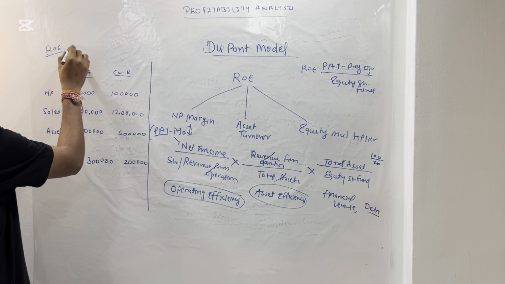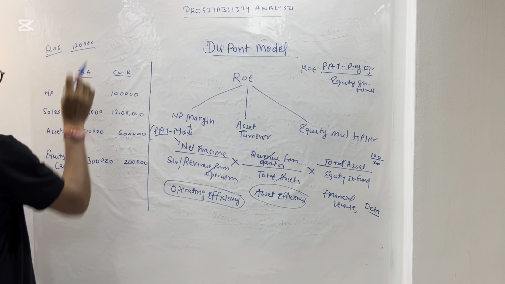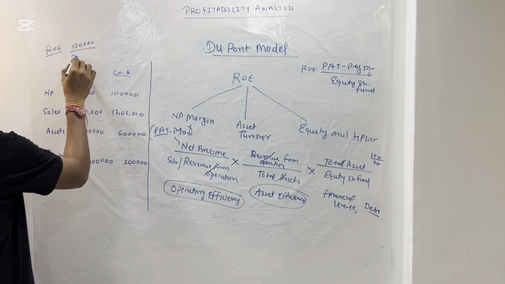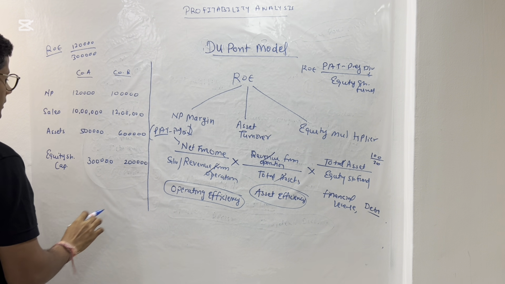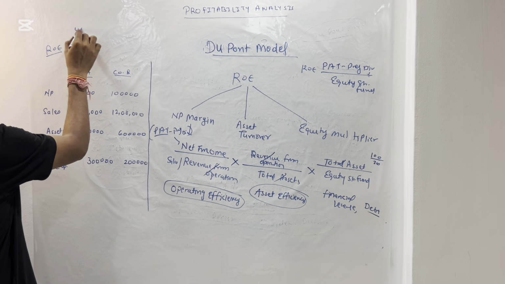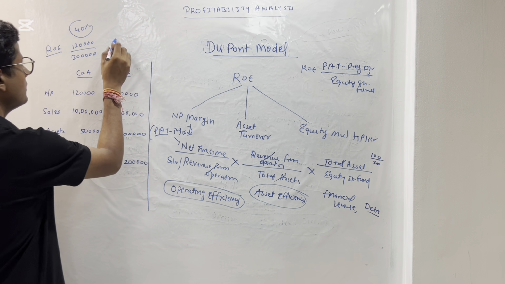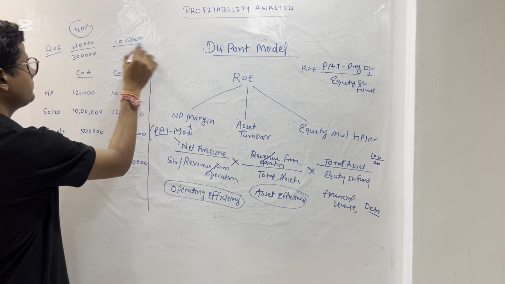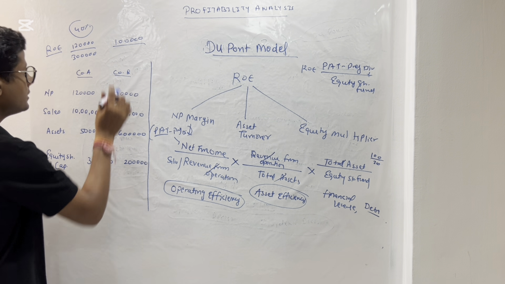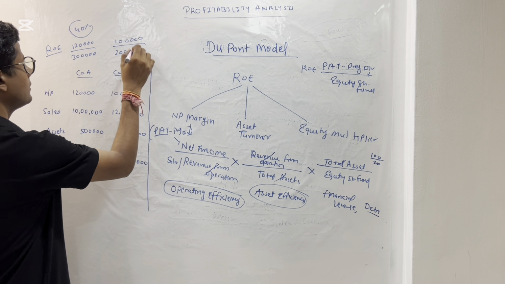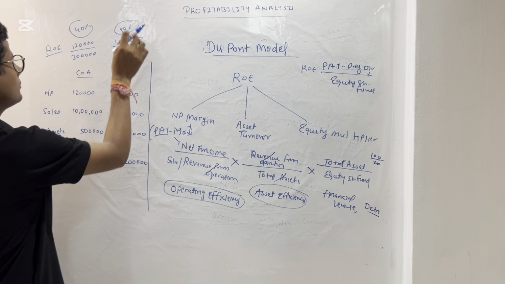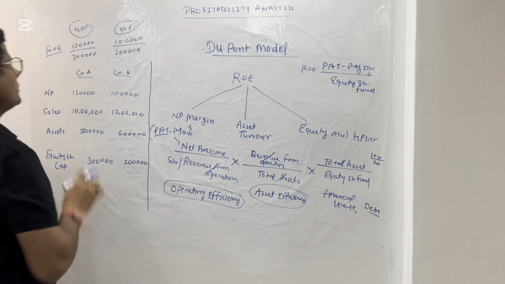Net profit is 120,000 divided by equity share capital 300,000. So basically it is 40%. Return on equity is 40% here. In this case net profit is 100,000 and equity share capital is 200,000, so ROE is 50%. Here ROE is 50%, here ROE is 40%.